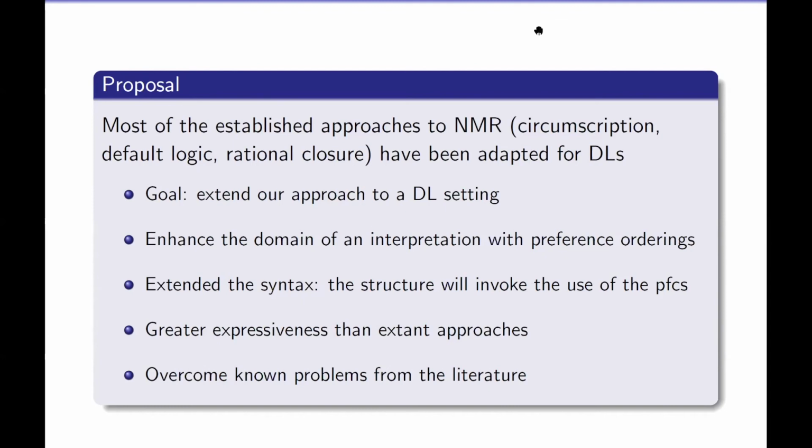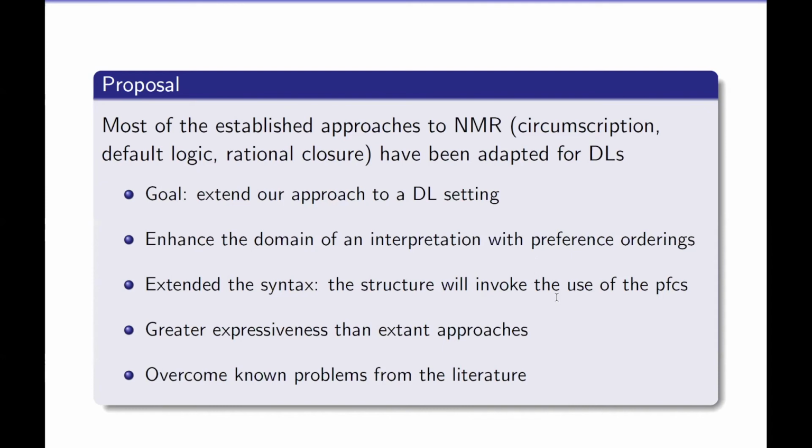This, of course, would amount to enhancing the domain of interpretations with preference ordering, similar to the full first order case, but most importantly, extend the syntax in such a way that the structure will invoke the use of the predicate forming constructs.